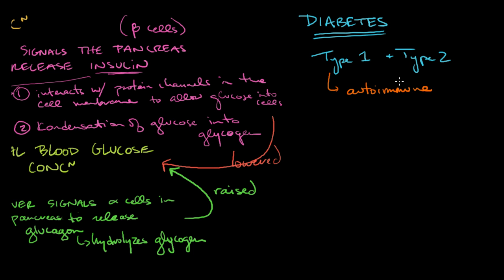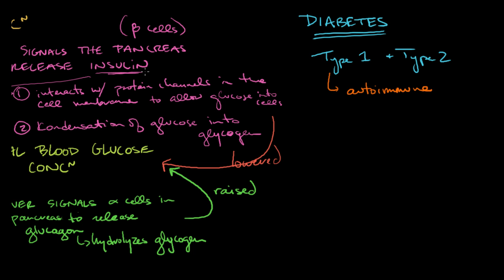Basically, the immune system of the person with type 1 diabetes is attacking its own beta cells so that insulin cannot be made. And so, obviously, the treatment for that would be insulin injections.